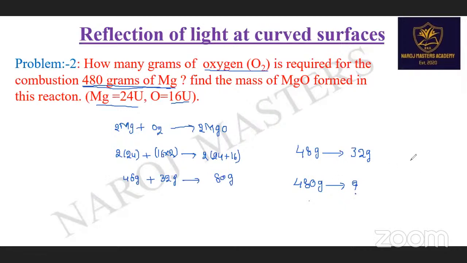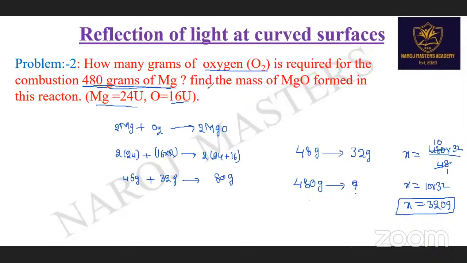Then do the cross multiplication. X is equal to 480 into 32 by 48. 48 goes 10 times, so X is equal to 10 into 32, that equals 320 grams. So 320 grams of oxygen is required.